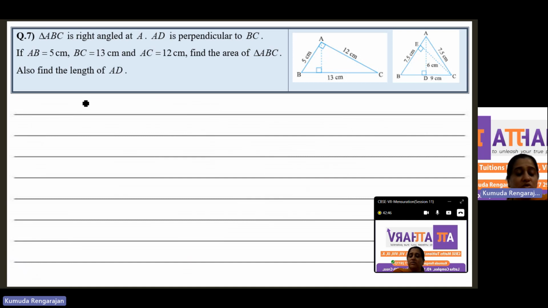Now, all of you, you have not written this question, right? Complete this table and come and show your book to me. With respect to this figure, answer the questions.